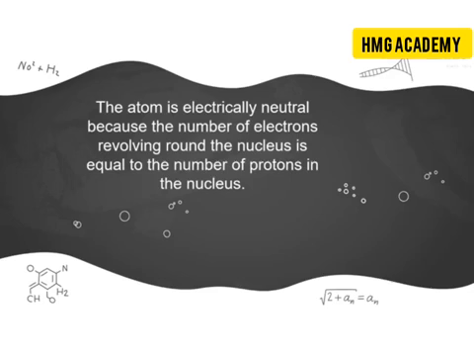The atom is electrically neutral because the number of electrons revolving around the nucleus is equal to the number of protons in the nucleus of the atom.